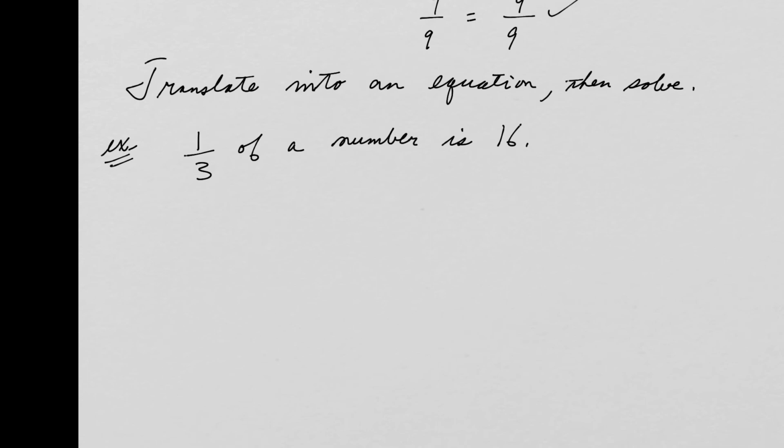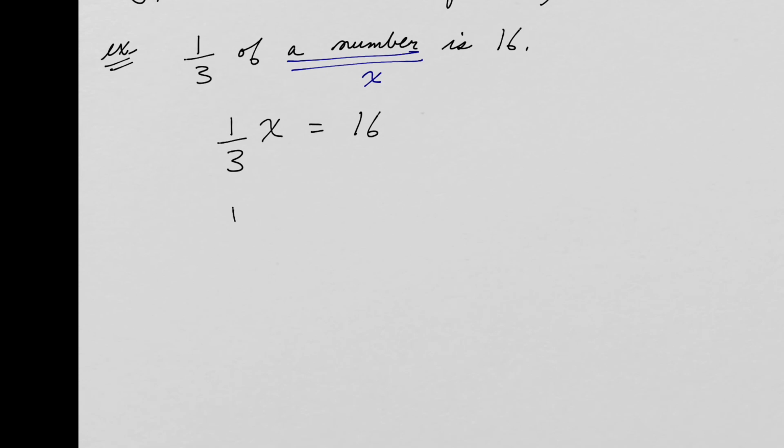Okay, so again, we have choices, right? A number, what do you want to call it? I don't know. Let's just call it x, I guess. So 1/3 of a number means 1/3. Remember, of means multiplication, so 1/3 times x, so I can write it as 1/3 x, equals 16. Okay, how do I solve this? Well, I want to get rid of the 1/3, right? I want to get a 1x.